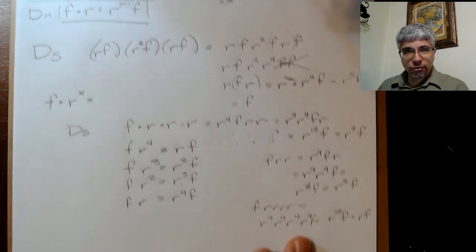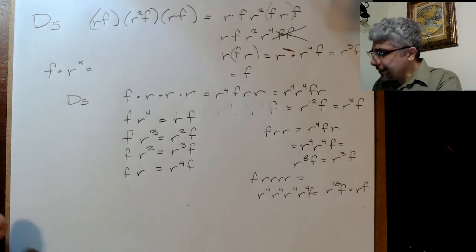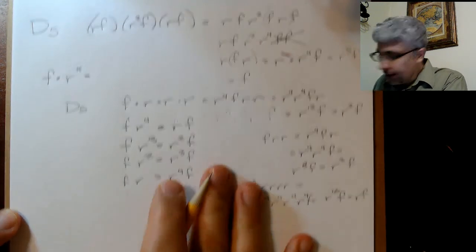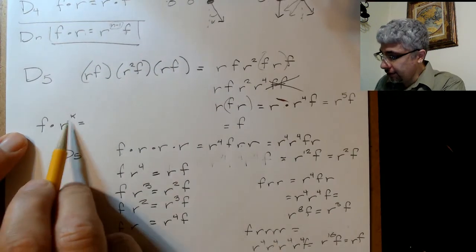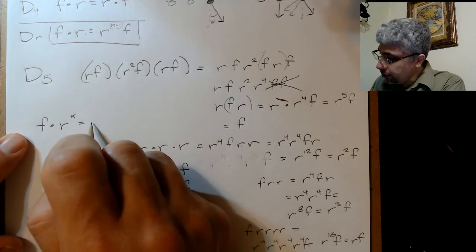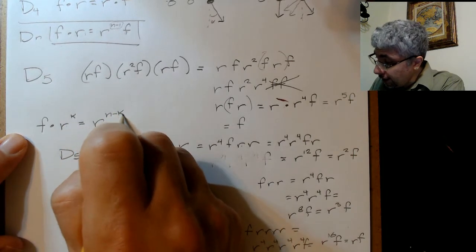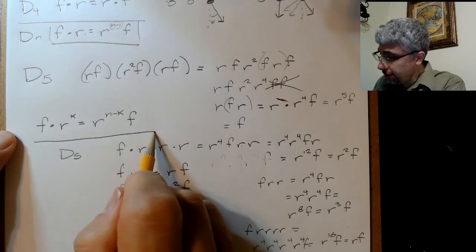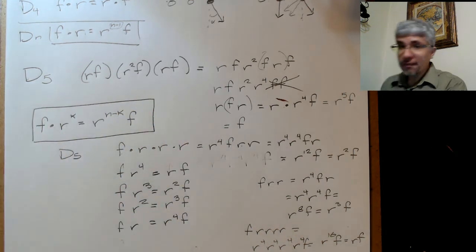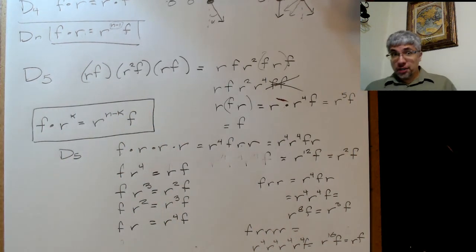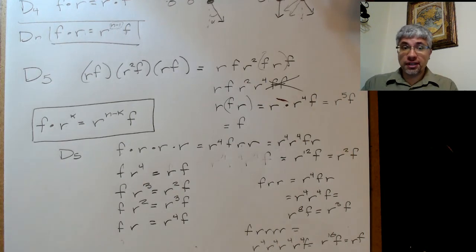So do you see a rule? Are we making a rule? It seems like f times r to the k is going to be r to the n minus k f. And that will allow us to compute things even faster, if the rule turns out to always be true.